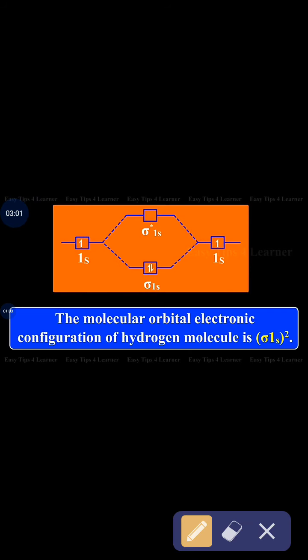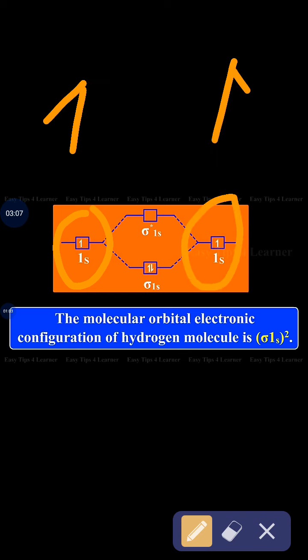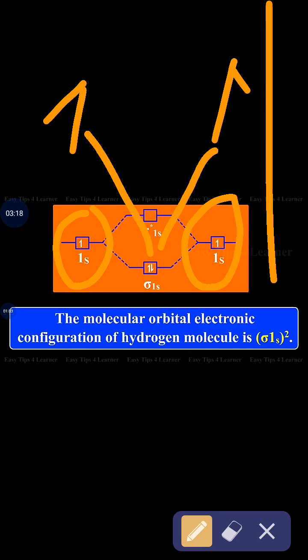Here you can see that one atom has one electron, the other has one electron, and when these two come here, why do they come here? Because it has lower energy, since the energy level increases in this way.